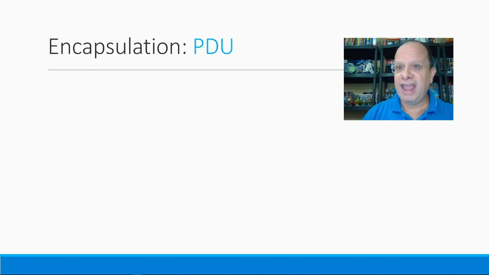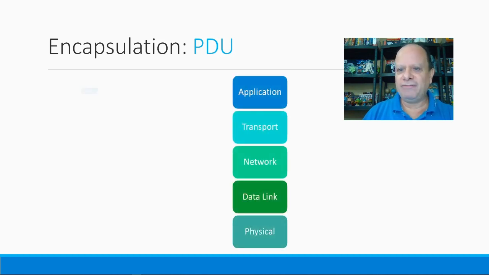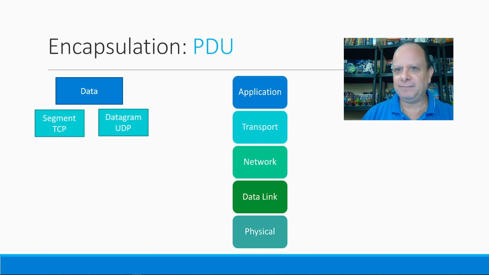The following are the names of the different PDUs. First, we have data, the general term for the PDU used at the application layer. Next, we have segment, the transport layer PDU when we are using TCP. We also have datagram, the transport layer PDU when we are using UDP.